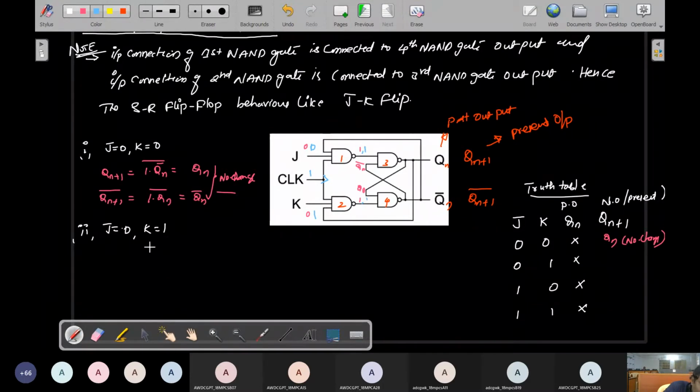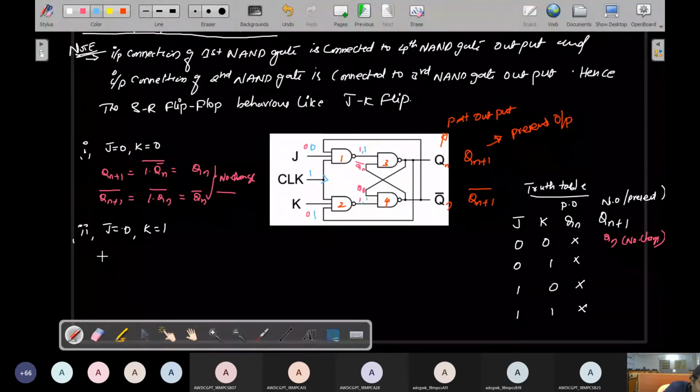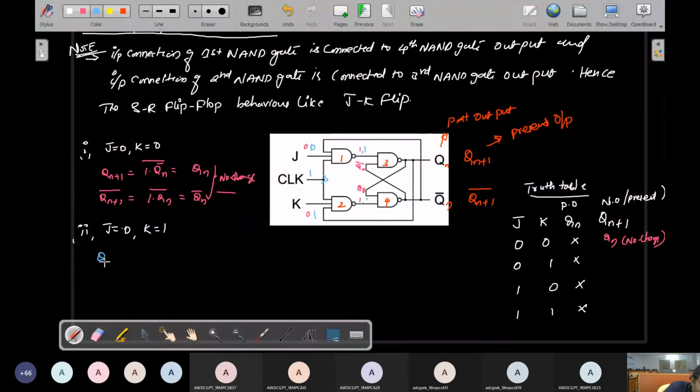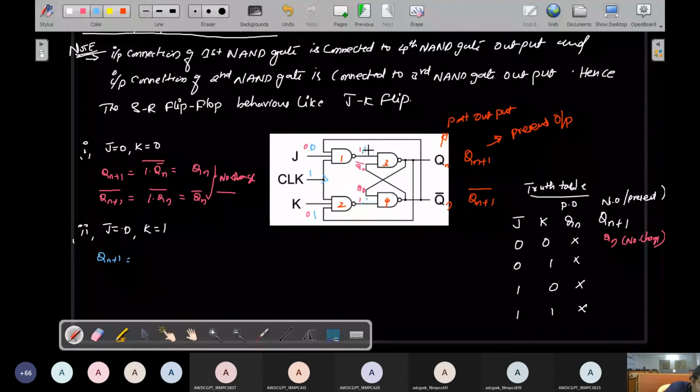I'll explain this condition. What about the Qn plus 1 value? It is 1 into Qn whole bar, and you will get Qn only, because you didn't get anything from this port.